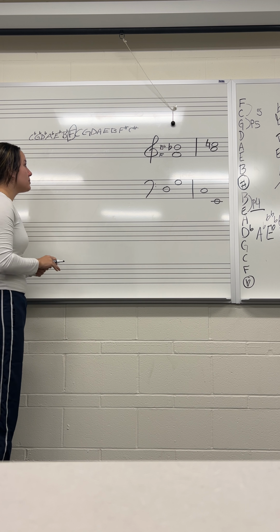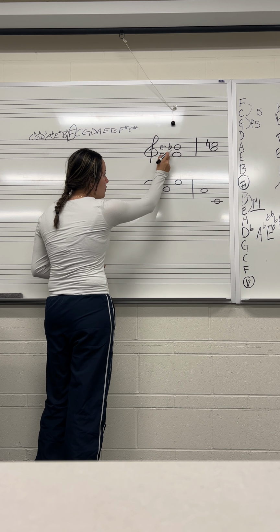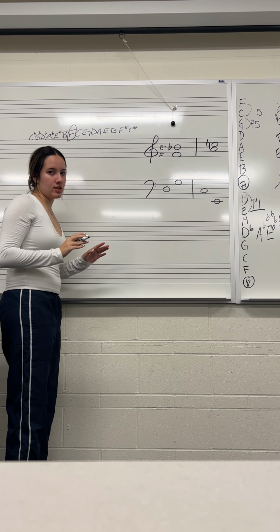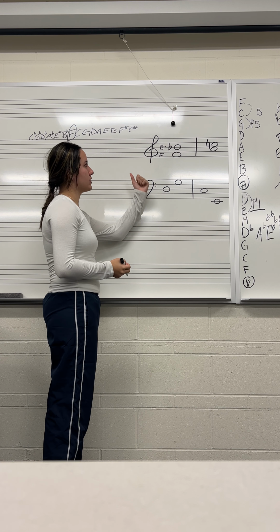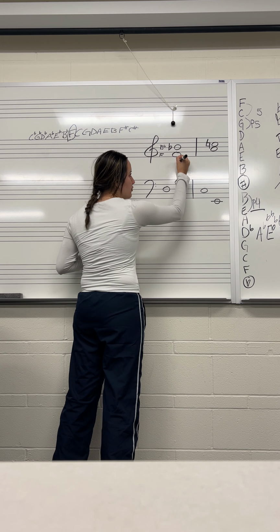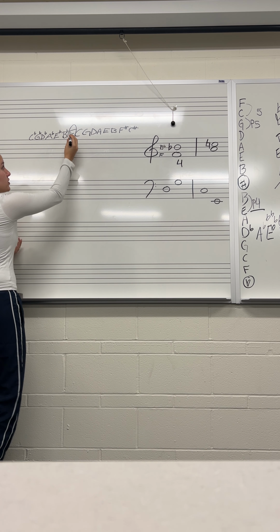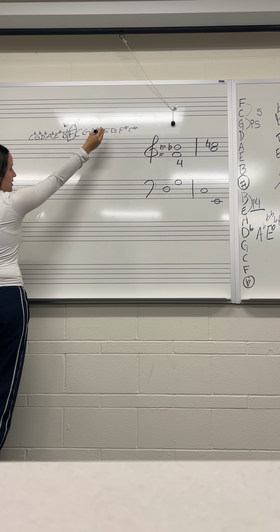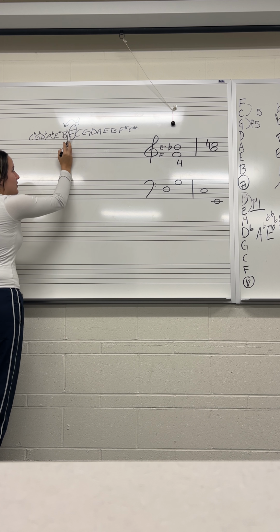So if we're looking in the context of F major, how do we know what kind of interval B flat would be? The first thing we need to do is figure out the size of the interval. We can do that by just counting the letters, F, G, A, B. It'd be some kind of fourth, because they're 4 letter names apart. We can also figure that out by going this way in the line of fourths and fifths.